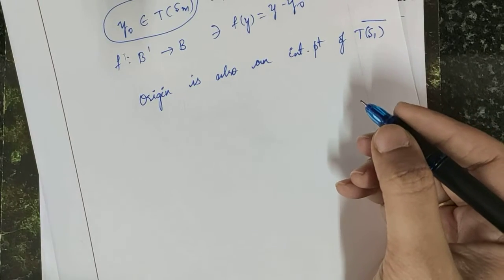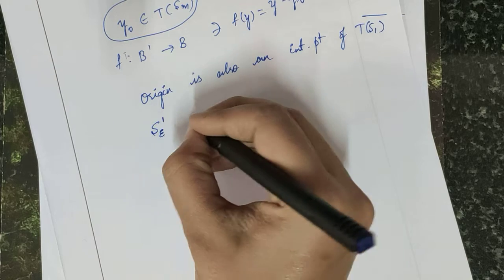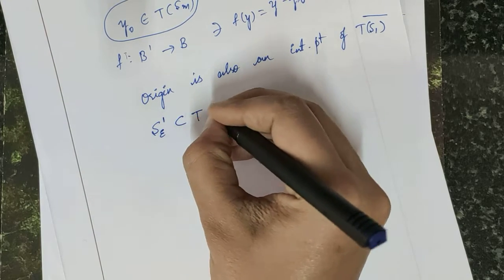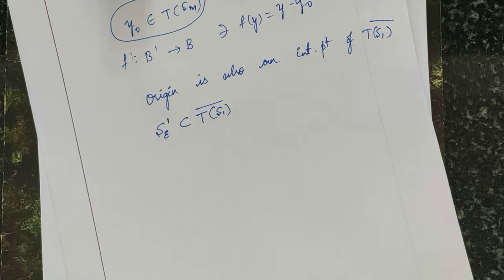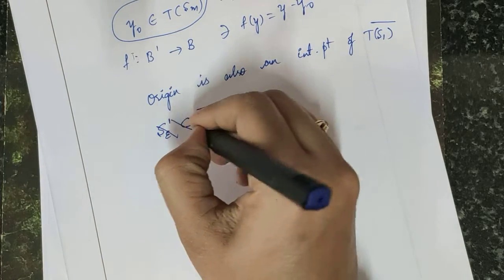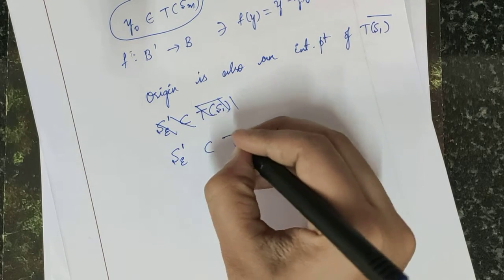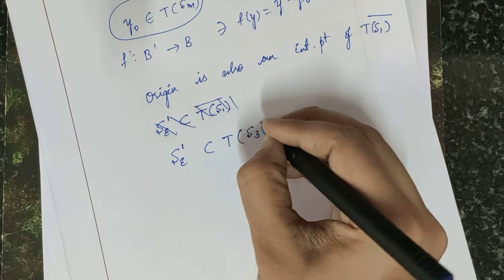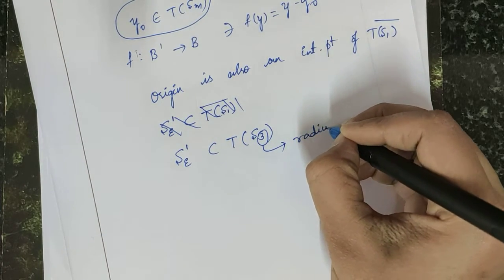After this, we move to the next part of the proof, that is, we are supposed to prove that S epsilon closure is a subset of T of S1 whole closure. Sorry, I will rewrite it once again: S epsilon dash is a subset of T of S3. Here 3 denotes the radius of the open sphere.